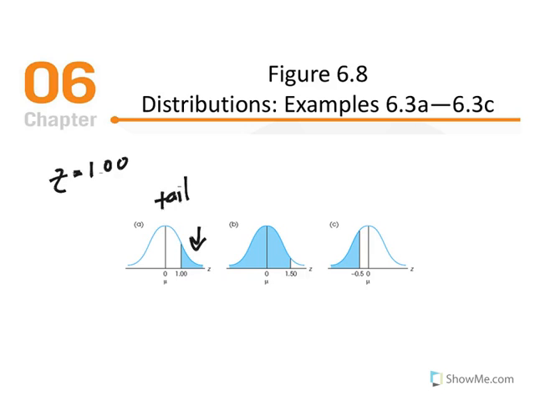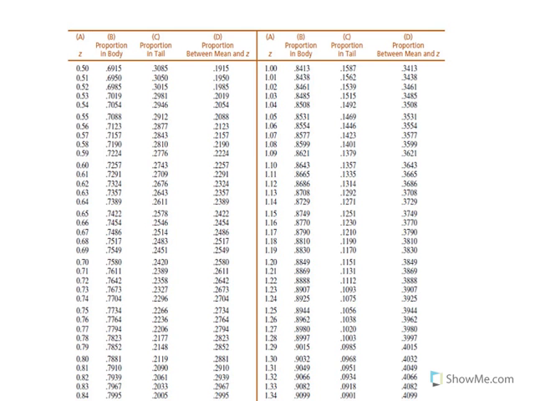So let's enter a unit normal table and find that proportion. So here's that section of the unit normal table that is of interest to us. Column A is the z-score. Here is a z-score of 1.00. And we identified the area that we shaded as representative of the tail. And so here is the proportion of interest of 0.1587.